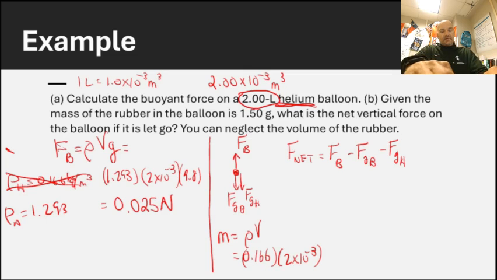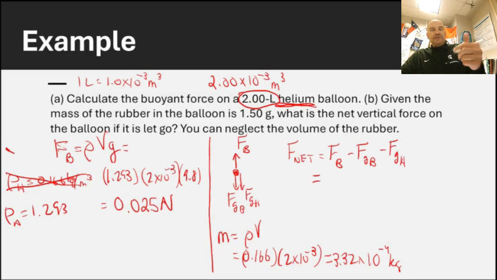And then, so we do 0.166 times 2 times 10 to the negative 3, and we get 3.32 times 10 to the negative 4 kilograms, okay.